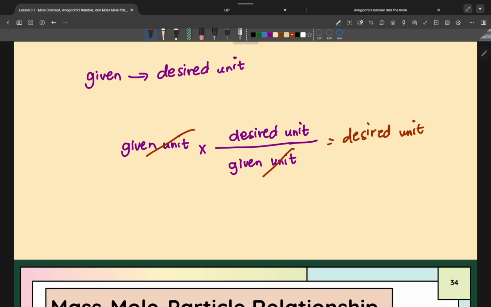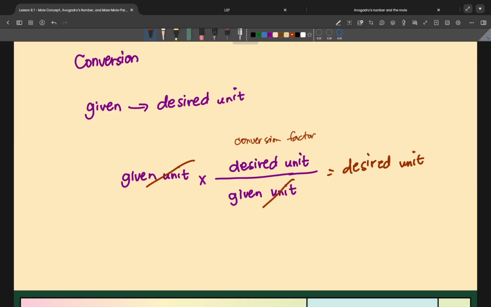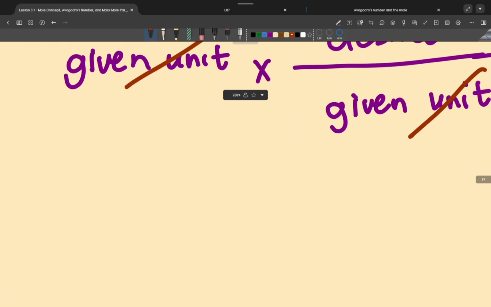This part is called the conversion factor. In mass to mole to atoms, the conversion factor is either the molar mass or Avogadro's number.